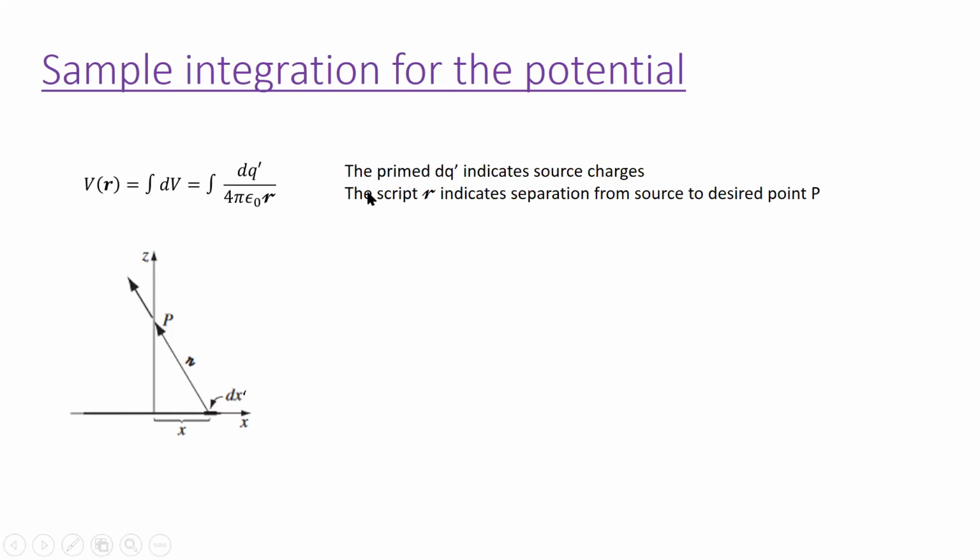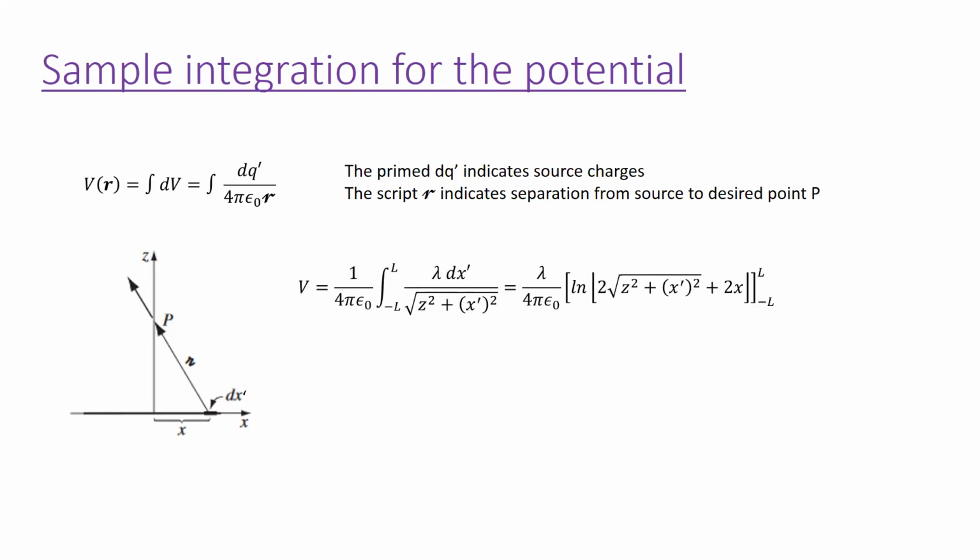So remember that script R is a vector which points from the source, for example this little bit of charge dq prime corresponding to the length dx prime, to the desired point P. Okay, so we can go ahead and set up the integral.